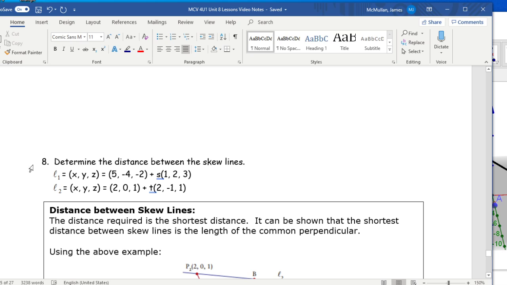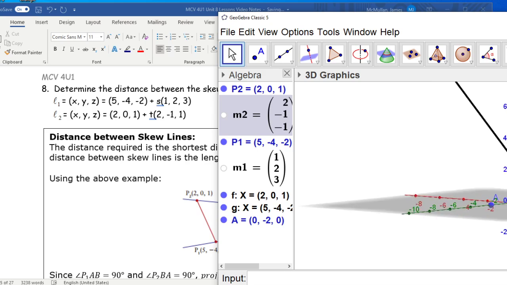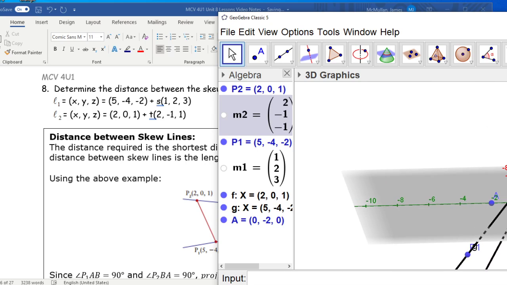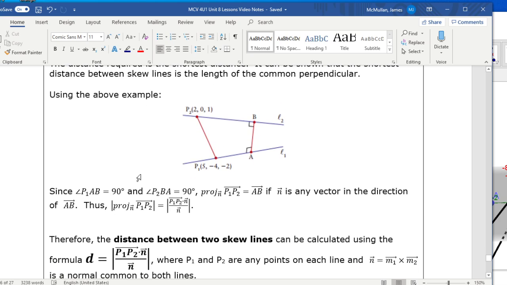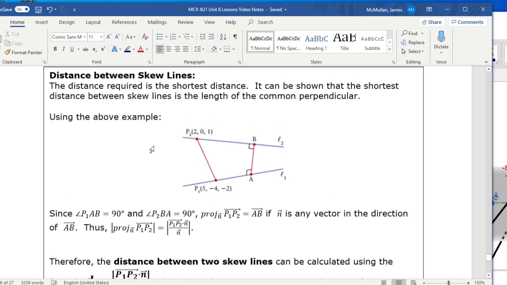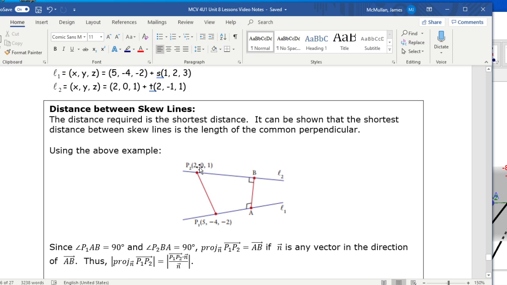Now, when you know that two lines are skew, of course we're not satisfied just knowing that they're skew. We want to know how close together they get. So determine the distance between these skew lines, this one and this one. Now again, what we're going to do is project a vector that joins the two lines onto the normal.